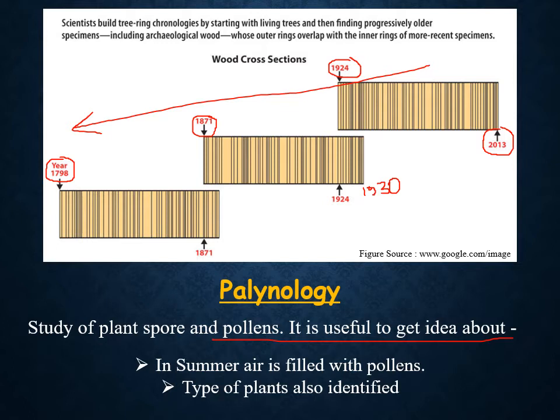When these spores and pollens are blown with the wind and deposited with the sediments, the sediments deposited during summer or monsoon time are rich in spore and pollen. In contrast, in winter time, when there is a lesser amount of spore and pollen floating in the air, definitely the sediments deposited during that time will also receive a lesser amount of spore and pollen with them.